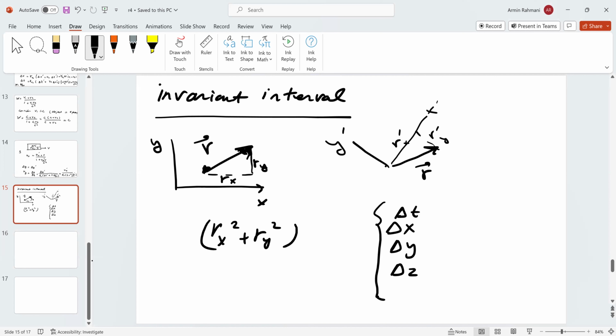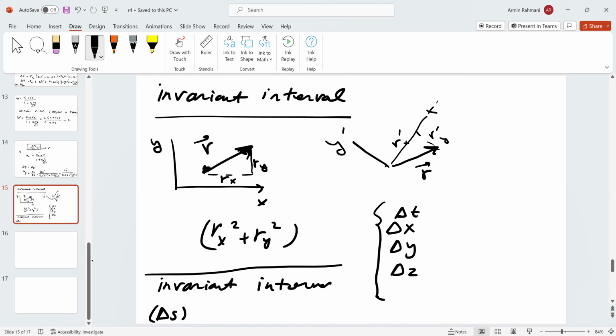And it turns out this is given by the notation delta squared, which can be written as c delta t squared minus delta x squared.